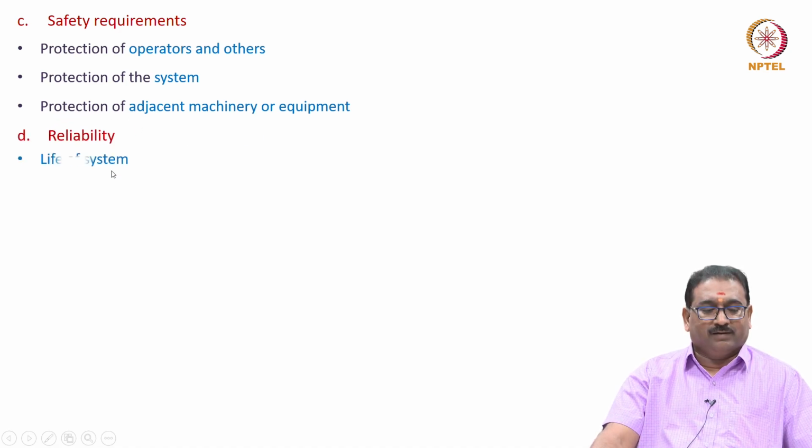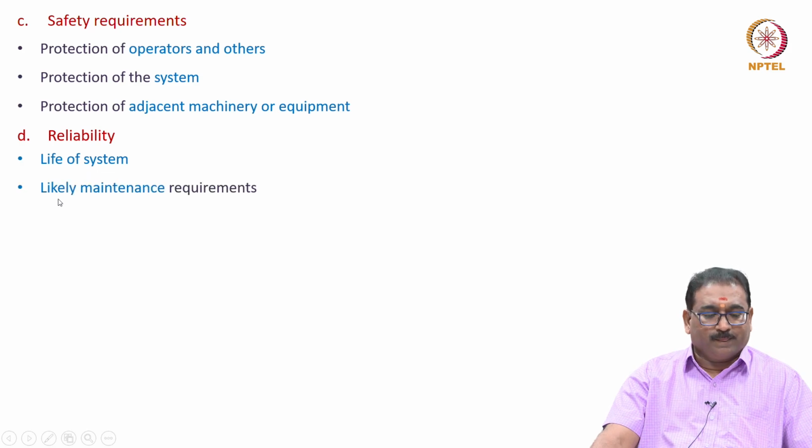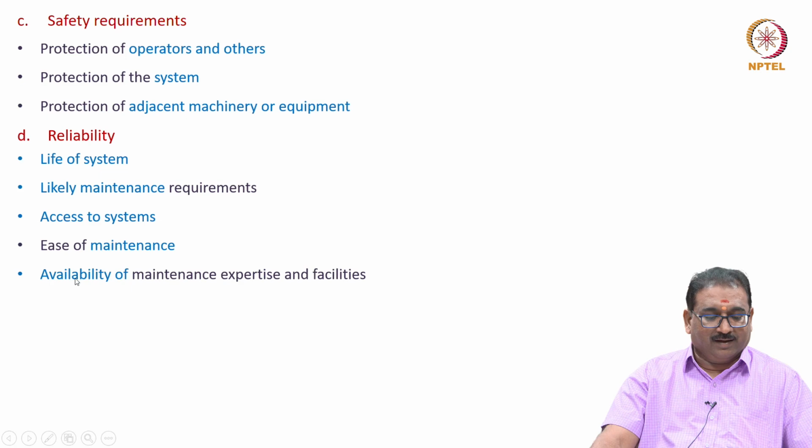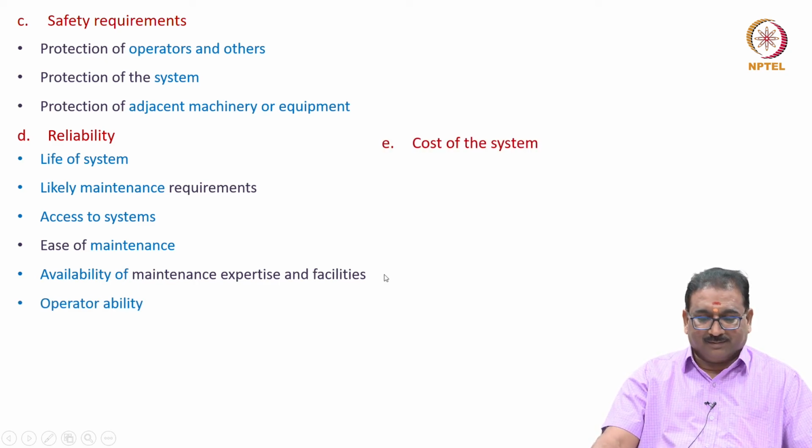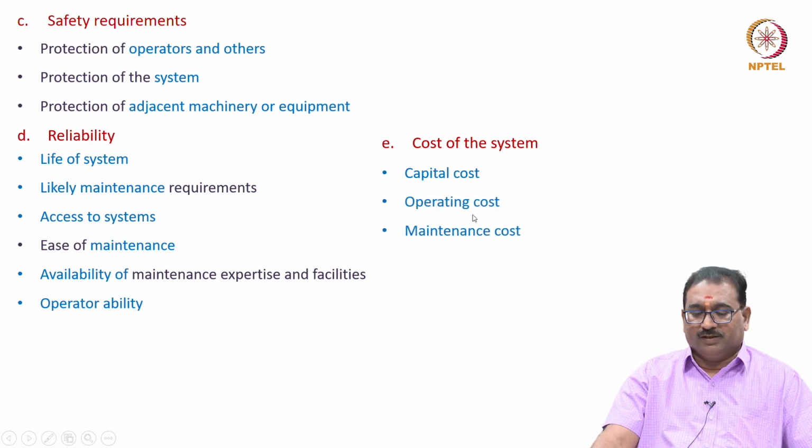Reliability is concerned with the life of the system and likely maintenance requirements; access to systems, ease of maintenance, availability of maintenance expertise and facilities, operator ability to perform all the work. Concerned with the cost of the system, the important things are capital cost, operating cost and maintenance cost.